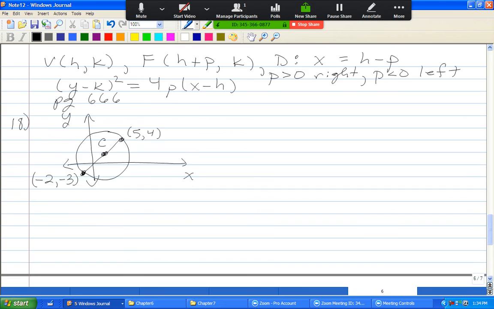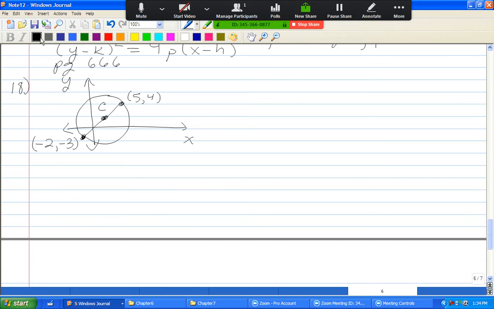Okay, so let's recall the midpoint for the points x1, y1 and x2, y2 is just x1 plus x2 over 2, y1 plus y2 over 2.